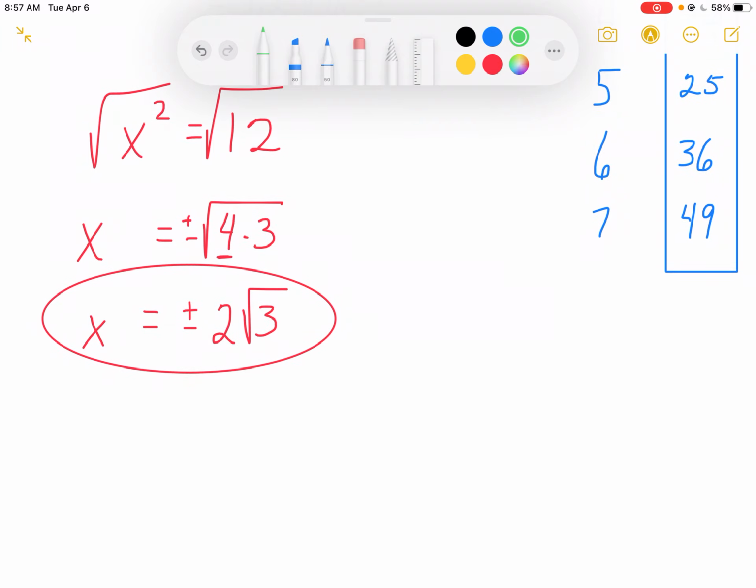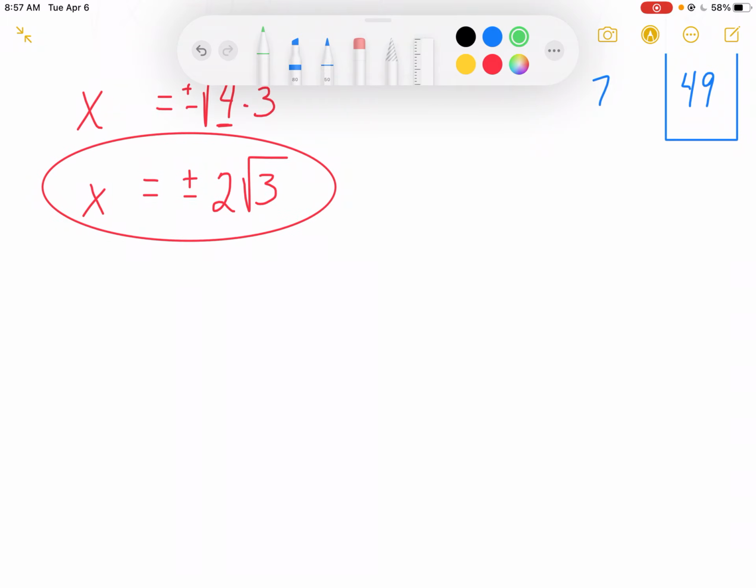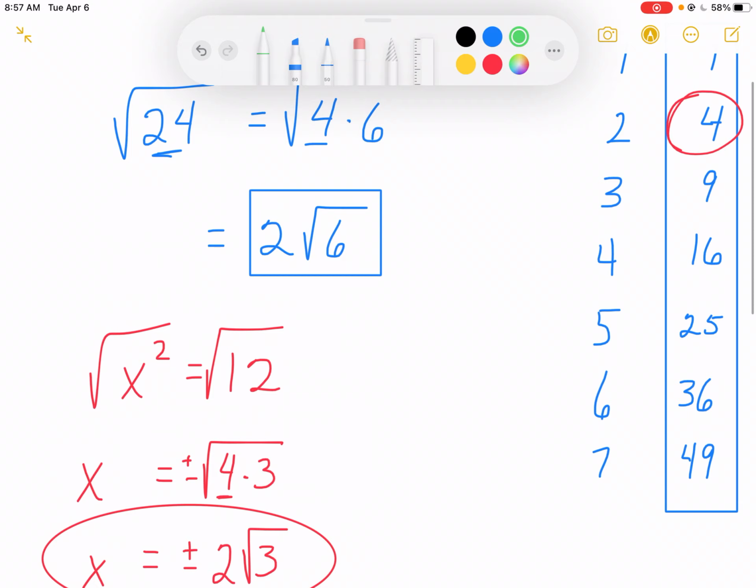Okay, let's try another one. Let's do m squared equals 32. So we take the square root of both sides, get m equals plus or minus. Now, how can I break down 32? Go back up to this list. Start right here because 32 would fit in right there.